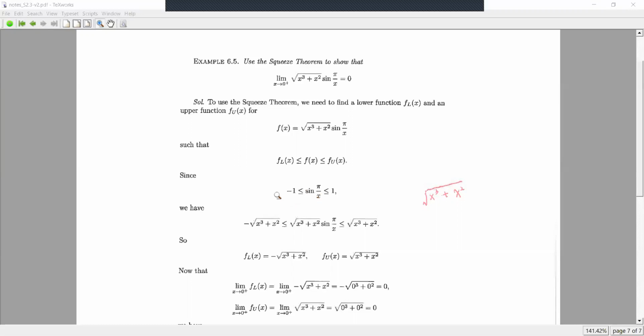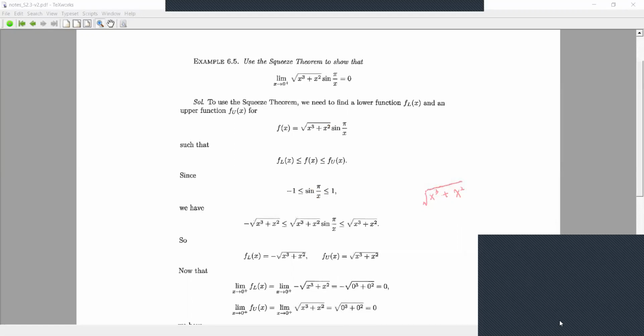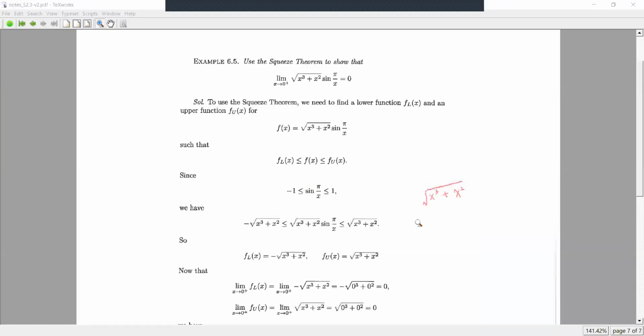Now I multiply -1, sine of pi over x, and +1 by this factor. This factor is positive because x is approaching 0 from the right side. From the right side, x is greater than 0. X is positive.